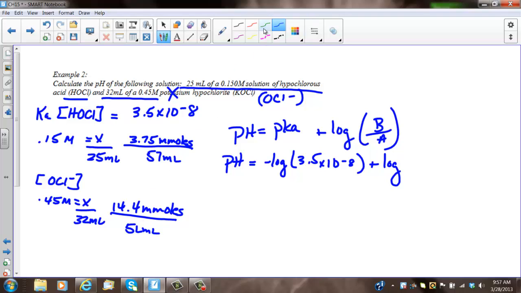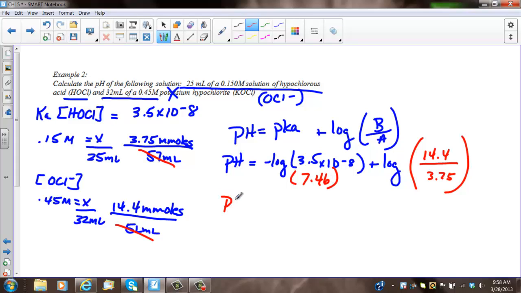So I think that you can make that intuitive leap that I can get rid of this, and it's just my base over my acid, which would be 14.4 over 3.75. So solving for pH, when you plug this in, you should get a pKa of 7.46.